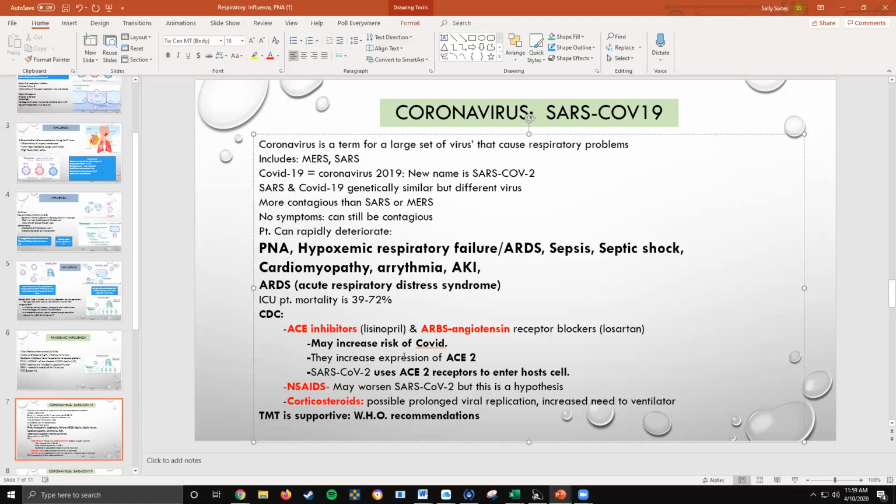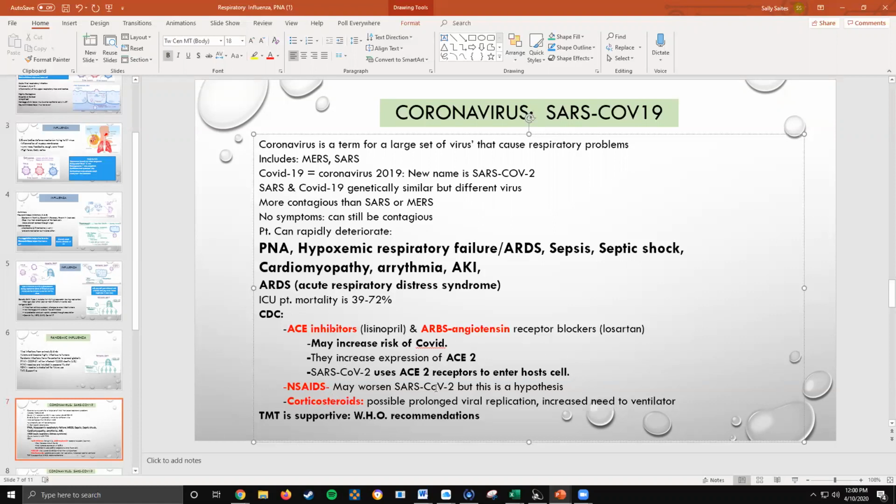So if they increase the expression of ACE2, and what they're seeing is that COVID uses the ACE2 receptors to enter the host cell. Now, this doesn't mean that patients on ACE inhibitors and ARBs should stop their medication, but it just is some information that we know that maybe they can use in the future.